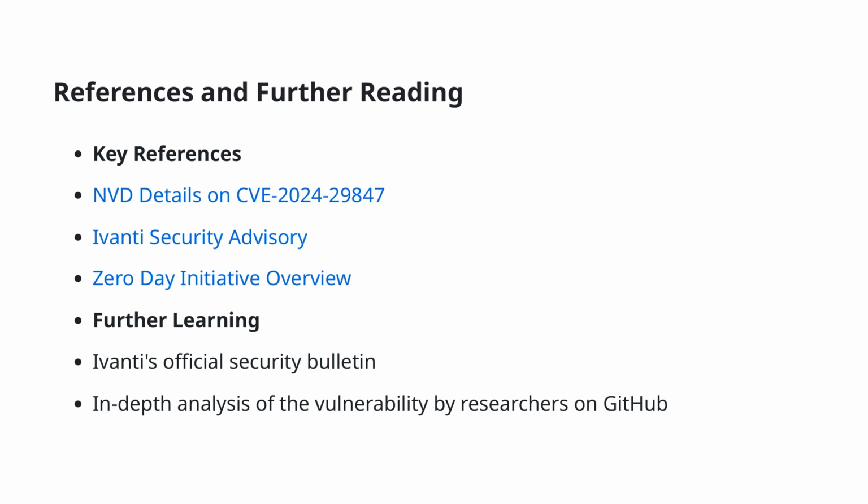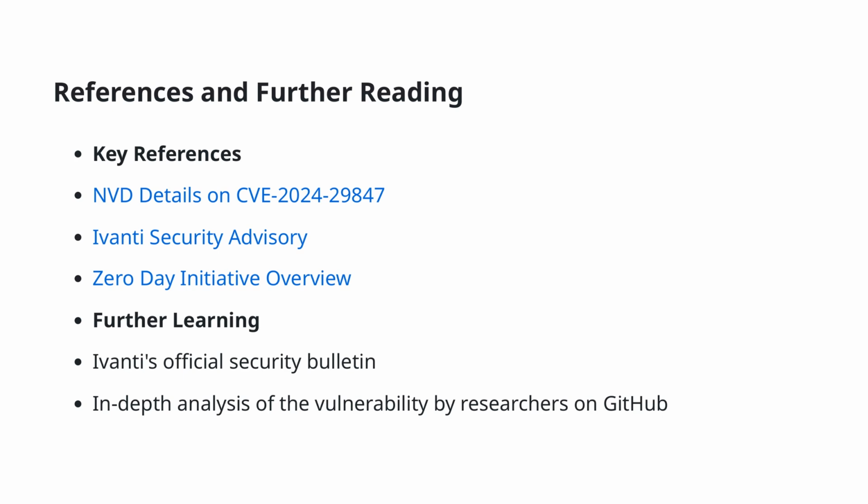For those looking to deepen their understanding of CVE-2024-29847 and its implications, this slide provides valuable references and resources for further study. Key references include detailed information from the National Vulnerability Database regarding CVE-2024-29847, an essential Ivanti security advisory, and an overview by the Zero Day Initiative.